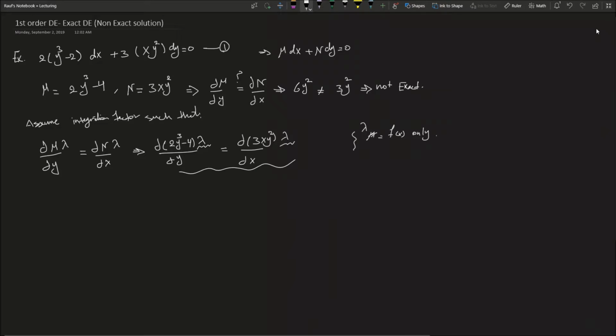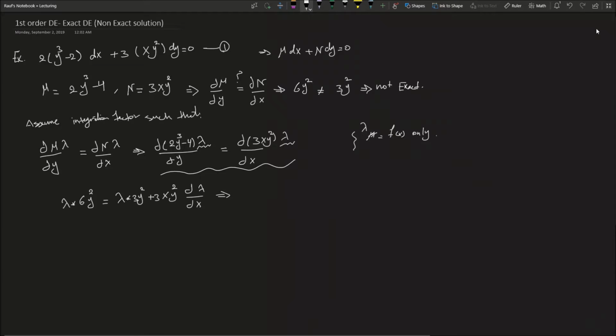Now, solving this equation, we can say that lambda multiplied by 6y squared equals lambda multiplied by 3y squared plus 3xy squared partial lambda over partial x.